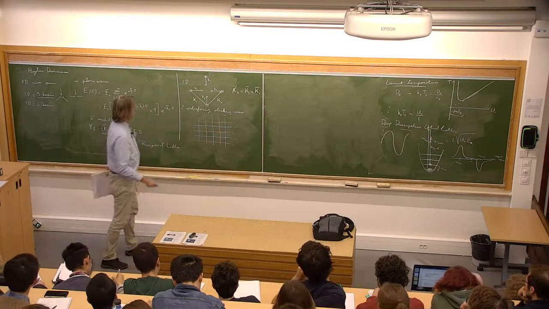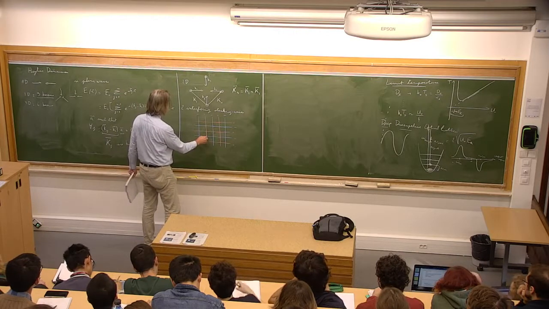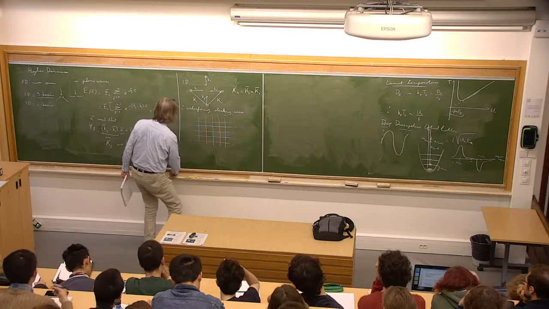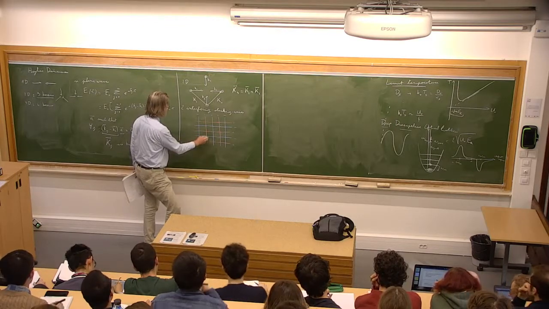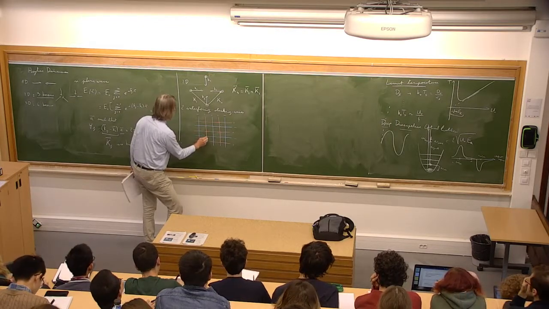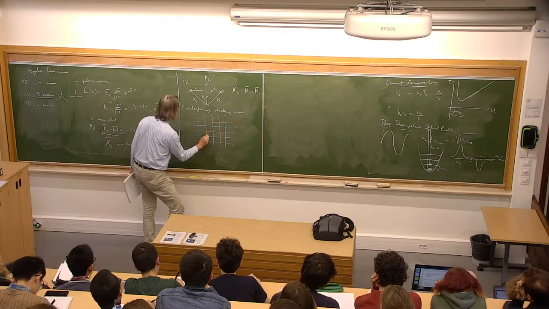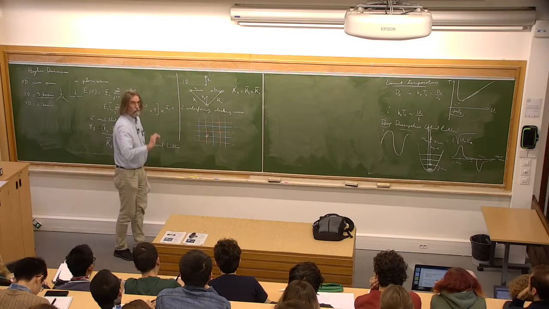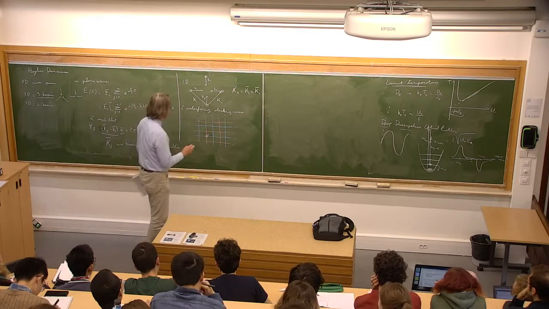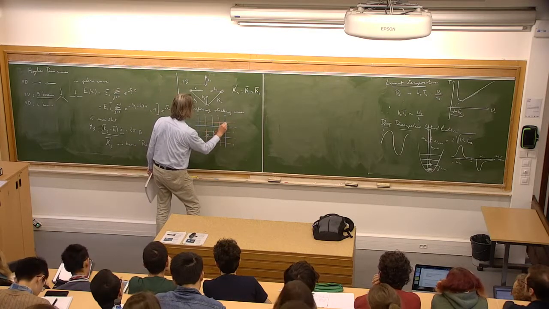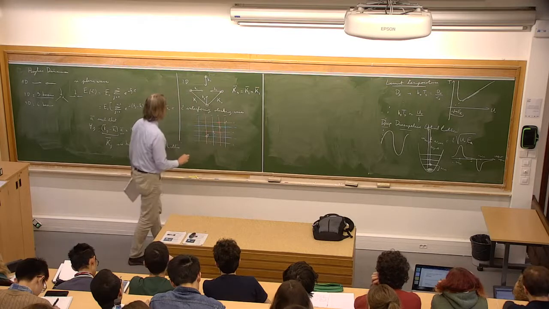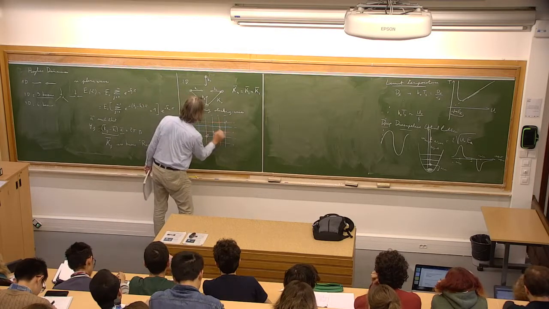So what happens if you are sitting in a positive node for one standing wave and a negative node for the other? Then you have here a 0, because the two amplitudes cancel. So 0, 0, 0, 0, and obviously also 0, 0.